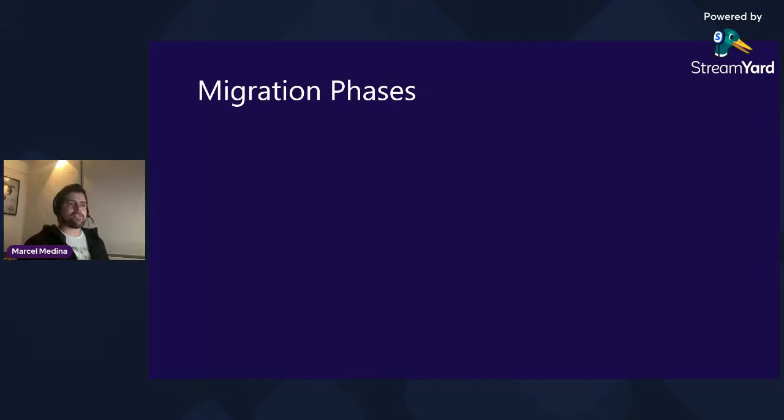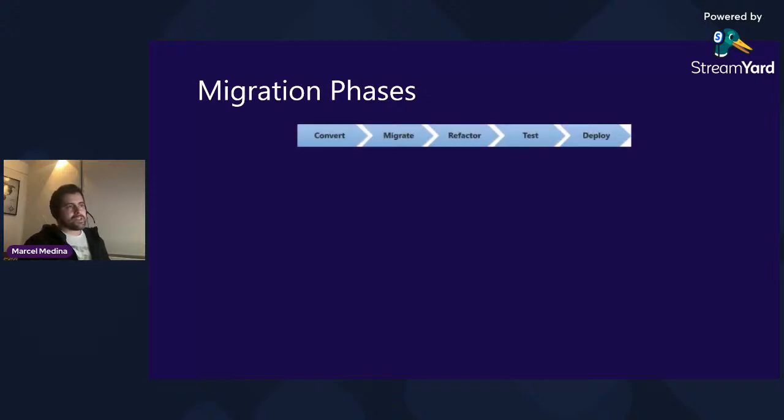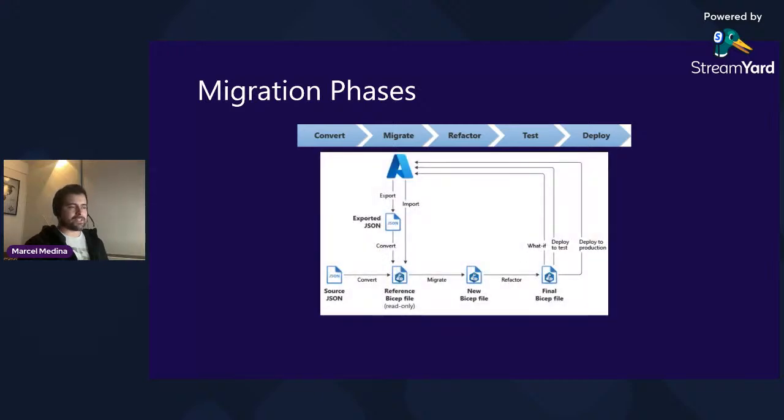And then we start with the migration phase, right? So after having the tooling, we can start looking at how to do that migration. So it starts with the conversion, let me show the other picture here. So it starts in here with the source.